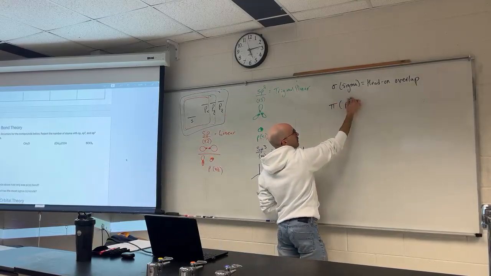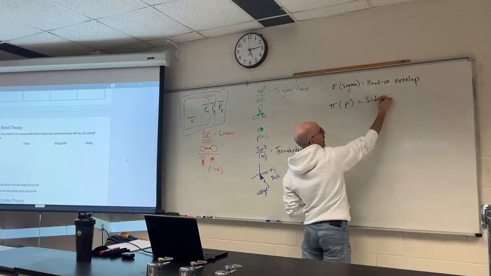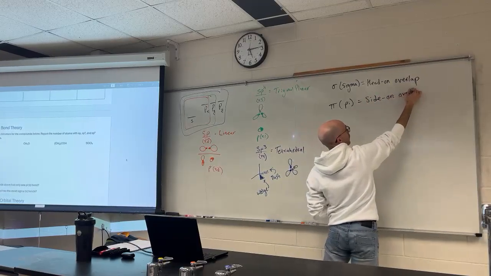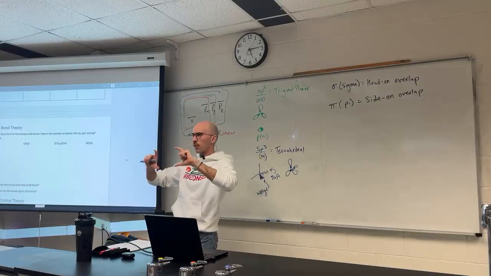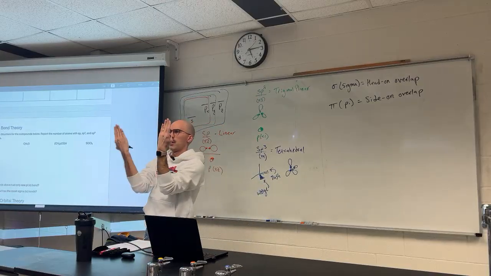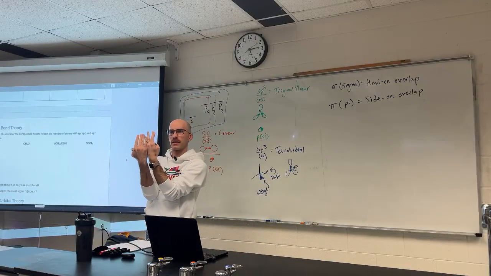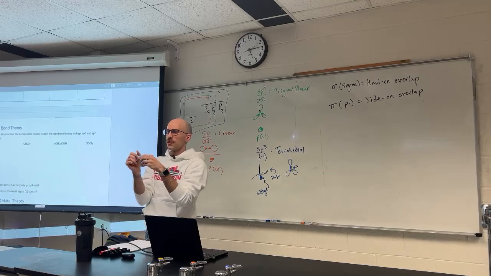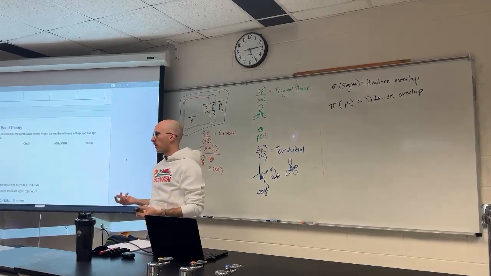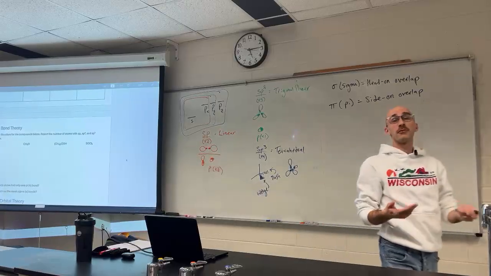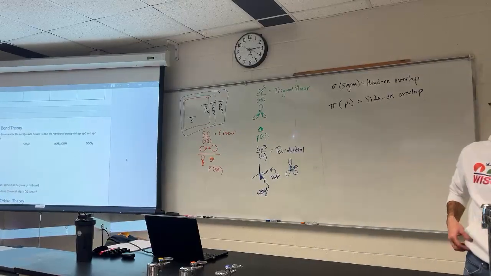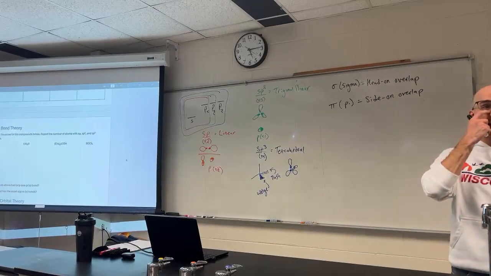A pi bond is a side-on overlap. That means that 2 lobes of 2 orbitals are overlapping side to side. So the nature of the bond will be described by either sigma or pi, as well as what orbitals are used to create that bond.